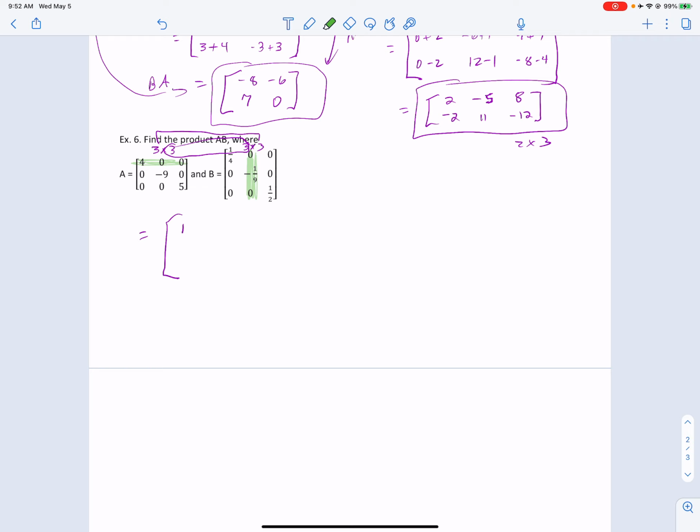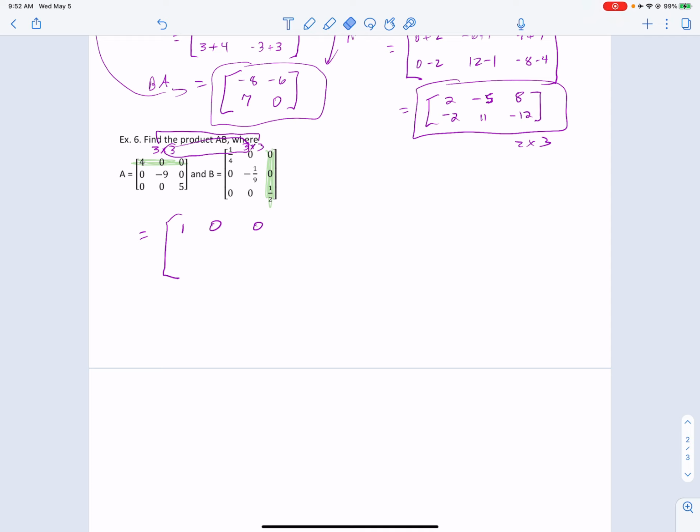And I get a 4 times 0, 0. 0 times -1/9 is 0, and 0 times 0 is 0. It is a 0. And then as I move to the third column of the second one, as I multiply corresponding, 4 times 0 is 0, 0 times 0 is 0, 0 times 1/2 is 0, I get another 0.